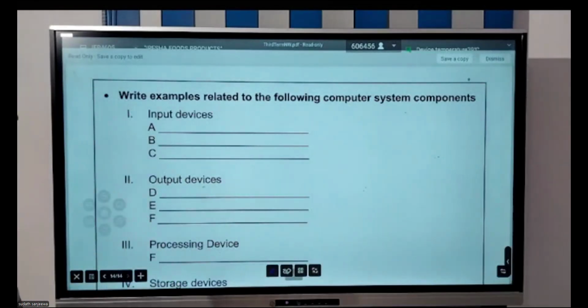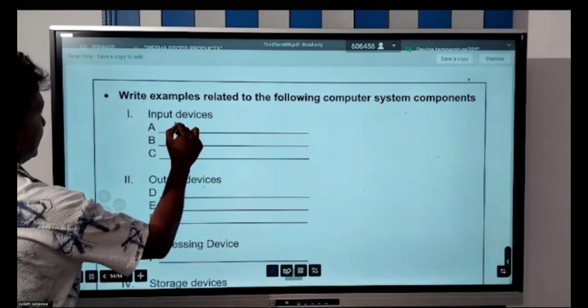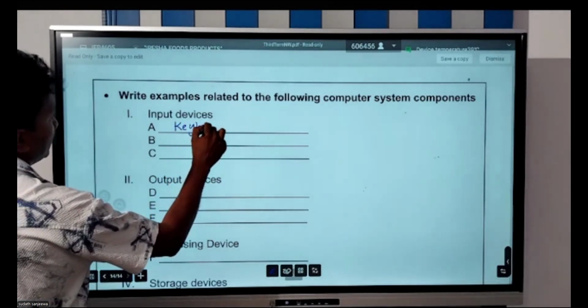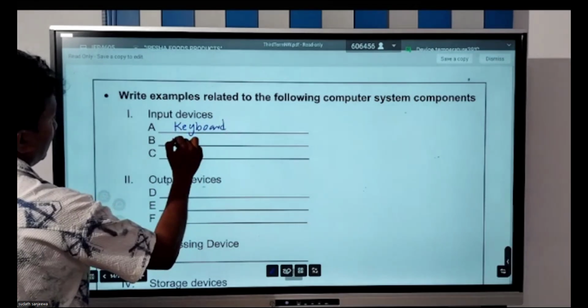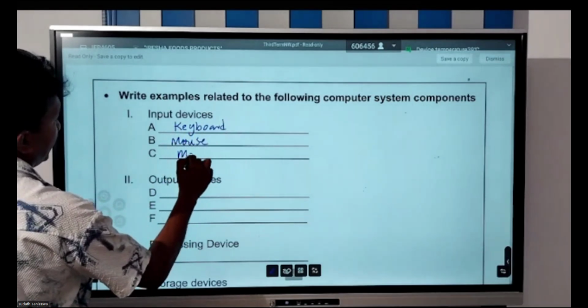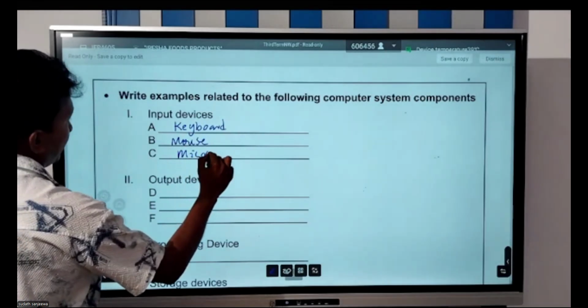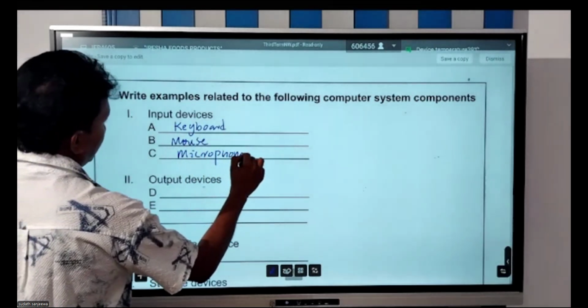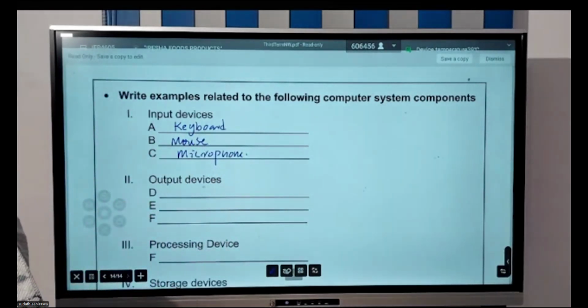Write examples related to the following computer system components. Input devices: keyboard, mouse, microphone. Those are input devices.